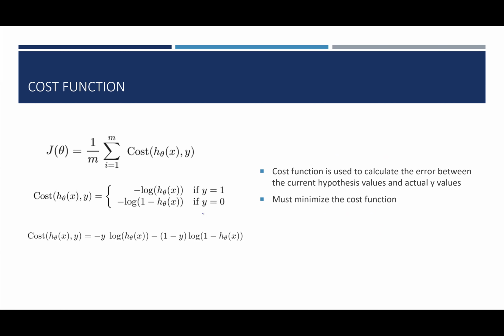And in order to do that, you need to calculate how far off h of x is from the actual value y. And for that, we use a cost function. Your goal is to minimize the cost function, because when the cost is 0, that means there is no error, and that means that your hypothesis function is correct and it works well with the data that you've been given.